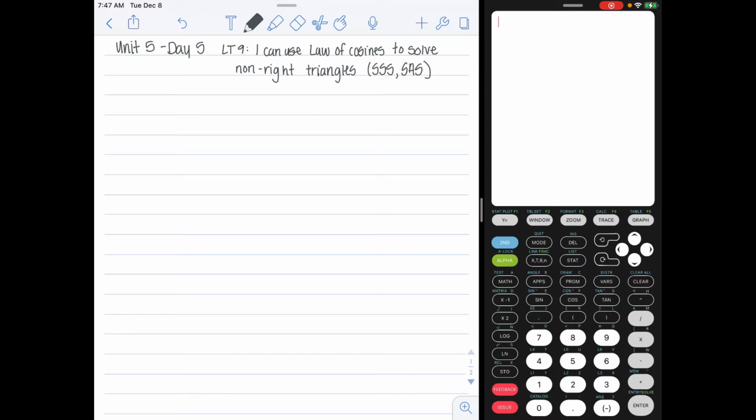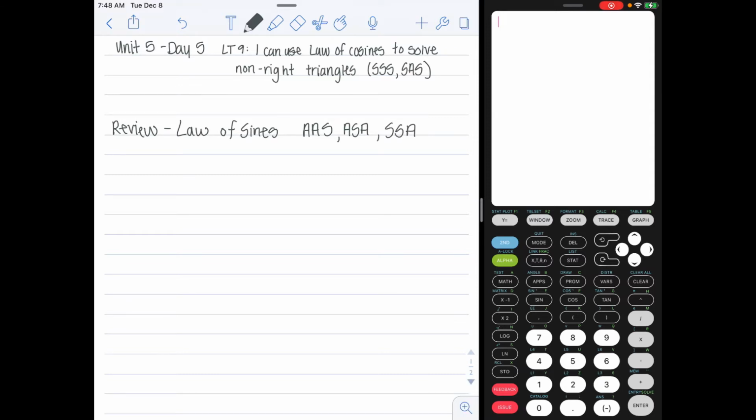So let's do a nice little review about yesterday's notes, which we said was the law of sines, and I want to make sure that we know to use this when we have an angle, angle, side, angle, side, angle, and side, side, angle, right?